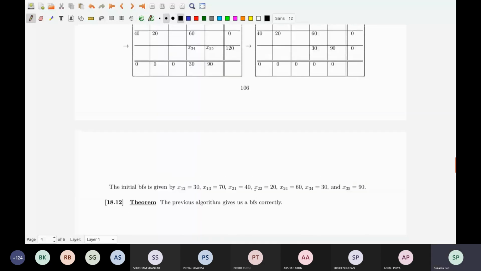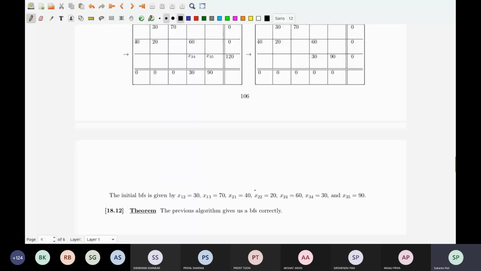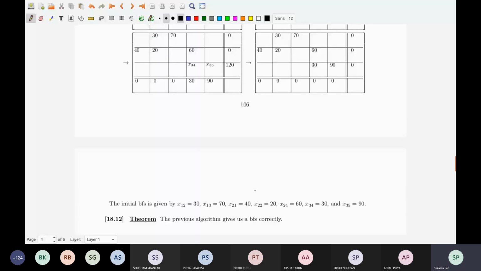And this initial BFS that I am saying, this process will give me an initial BFS. This algorithm will give us a BFS correctly. Why? Now look, first you selected a square, that is a variable, and you struck off a column or a row for it.